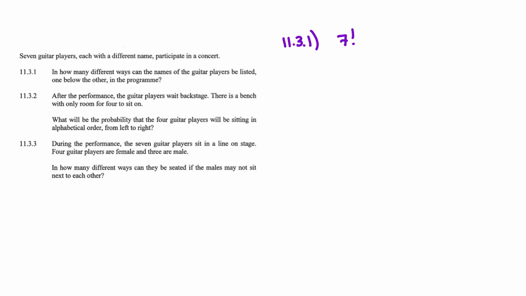So the answer would be 7 factorial, and that is 5,040. Alternatively, you could have your 7 spaces and multiply that out one at a time: 7 times 6 times 5 times 4 times 3 times 2 times 1, which will also give you 5,040.